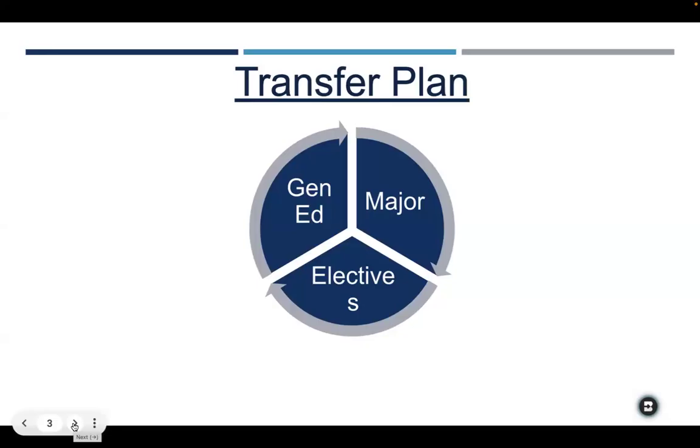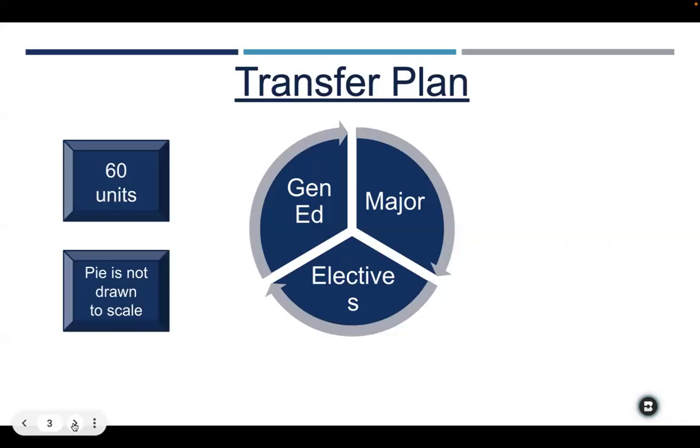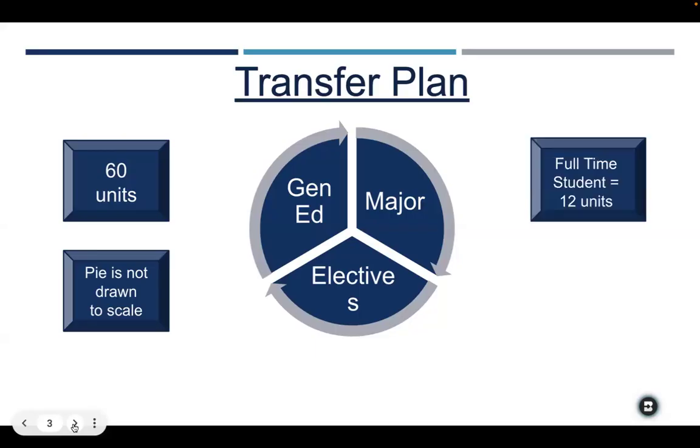Moving along, I wanted to share, because I think this is a part that can get confusing for people, a transfer plan. And I'm going to click through here real quick. So transfer, just like getting any degree, is going to be at minimum 60 units. And you're going to hear that number come up quite a bit. Hint, hint, it's probably on our quiz.